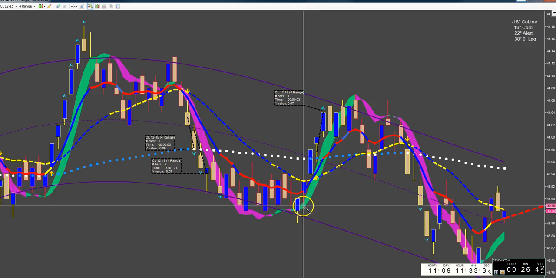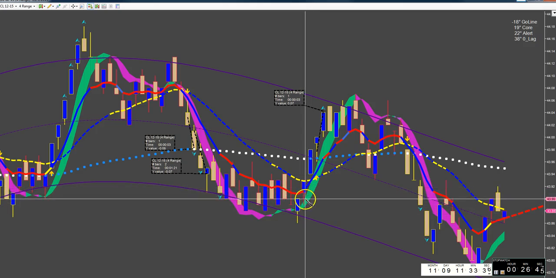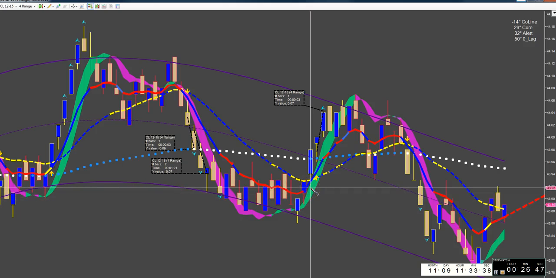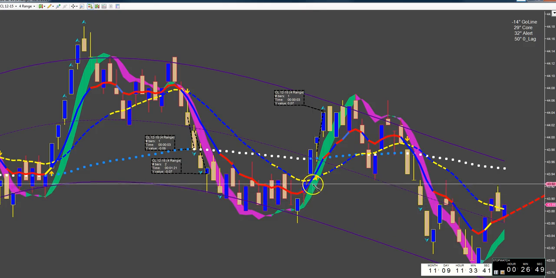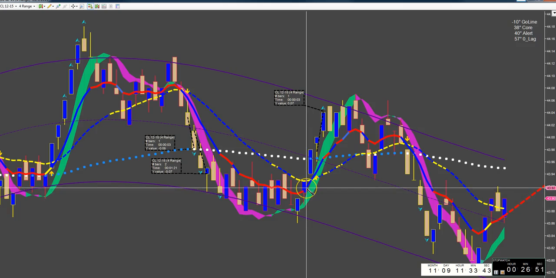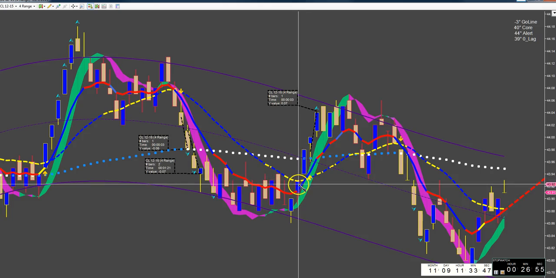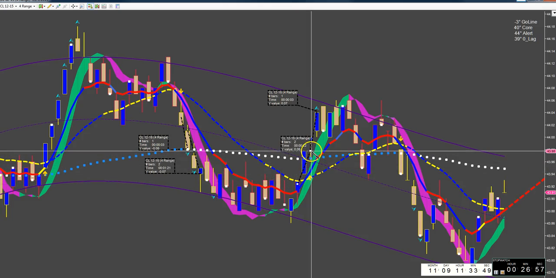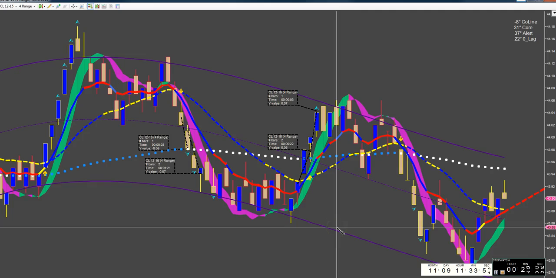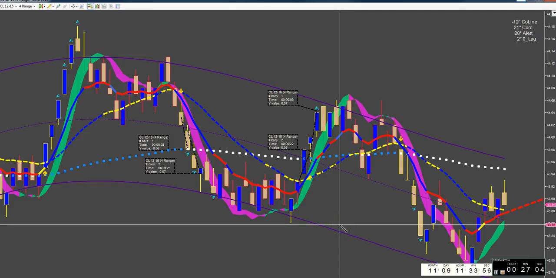Again, angle is important. So this is probably 45 degrees. This angle here too, the alert zone, and everything's going up, and you got the candle here. So if you don't want to get in here, you certainly can get in here, but some compromise, and you got another 5 ticks. Yeah, that's perfect. All right.